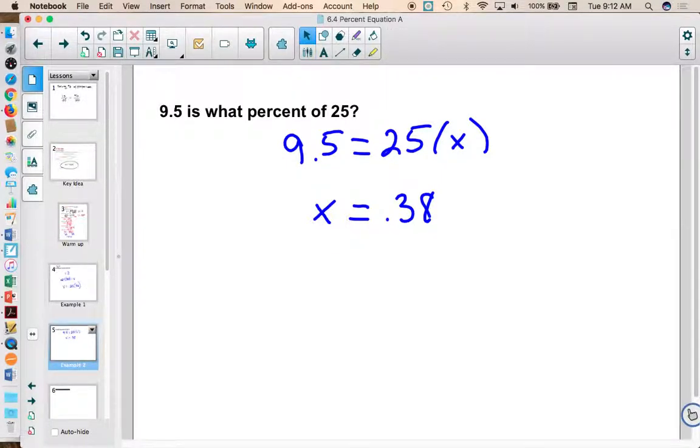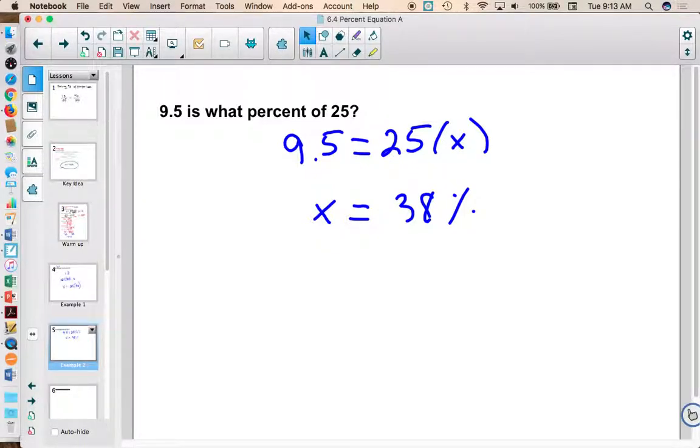Explain. You are absolutely right. Explain. Perfect. Oh, wait. Where's your decimal? Should you have that decimal? No, you don't have what? It says what percent? Right, now explain. 9.5 divided by 25 is 0.38.